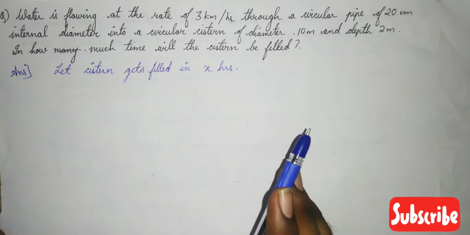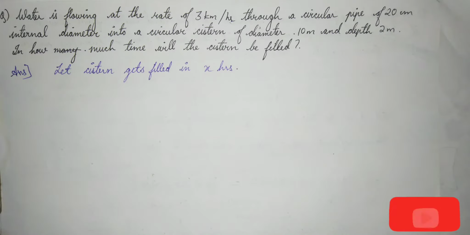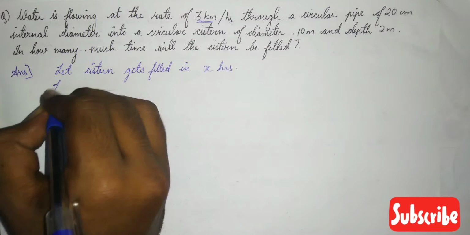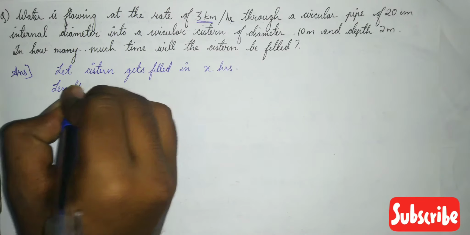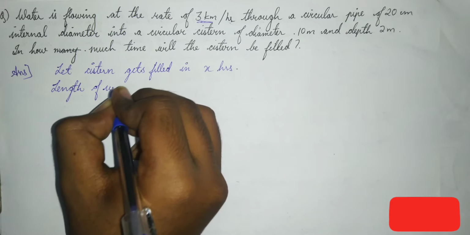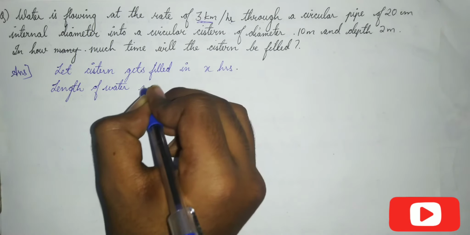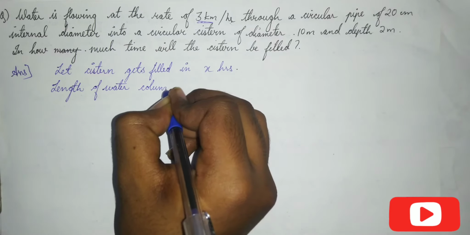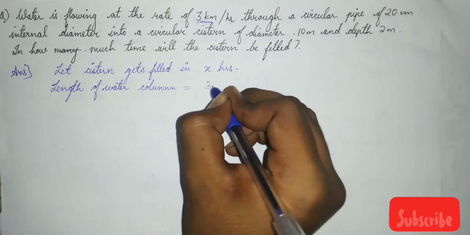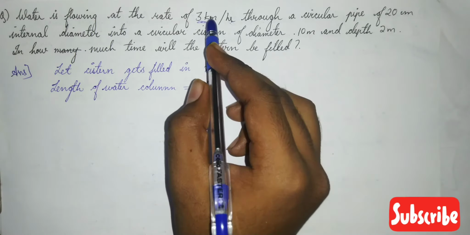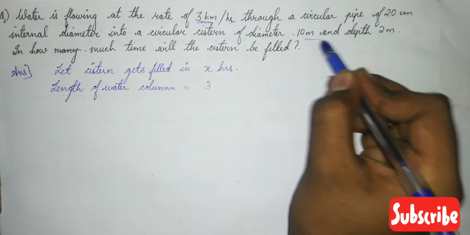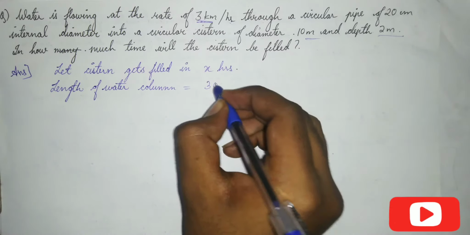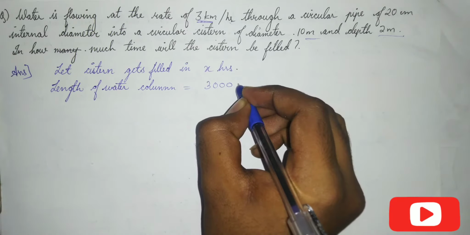Now what will be the length of water column here? Length of water column is nothing but this, correct? So length of water column is equal to 3 kilometer. This data is given in meter, so we'll convert to 3000 meter.